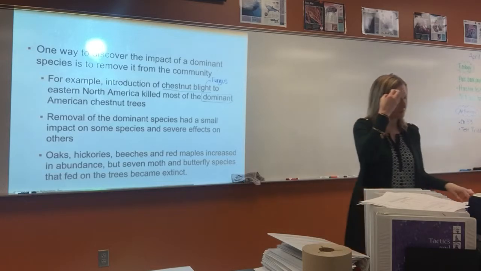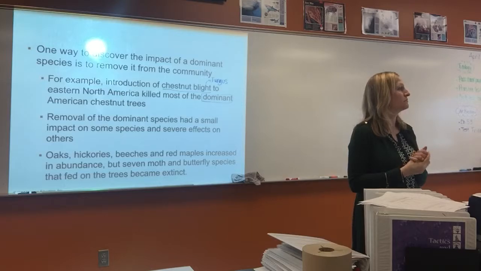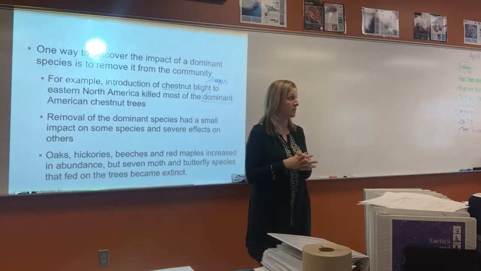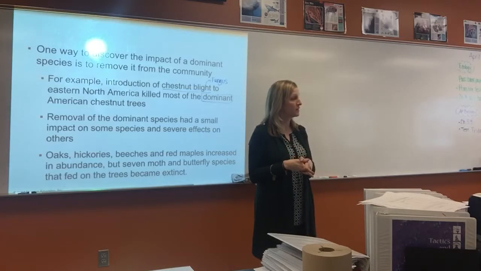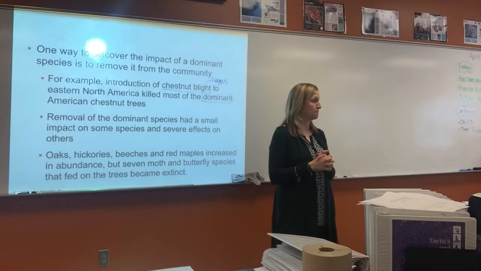There's less relative abundance of the species, so that other species can grow more. There's a gap or a void in there, so obviously other trees are going to fill that up.